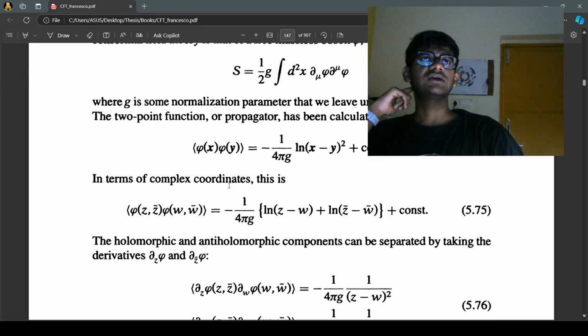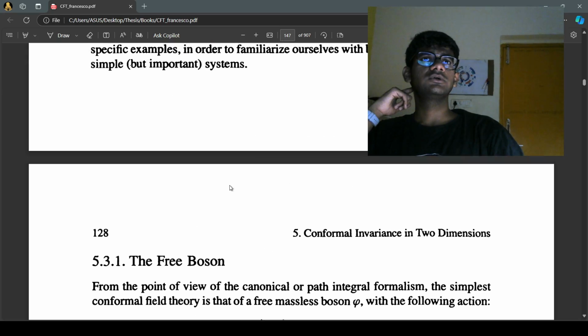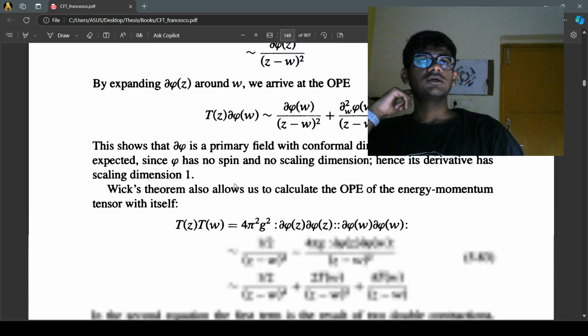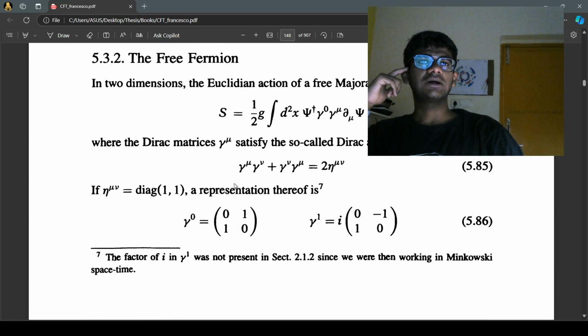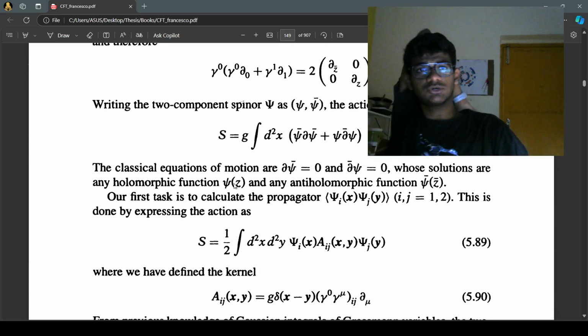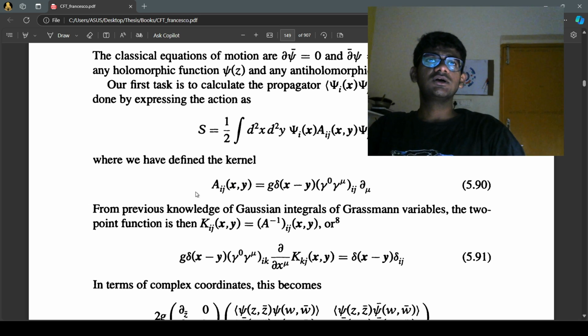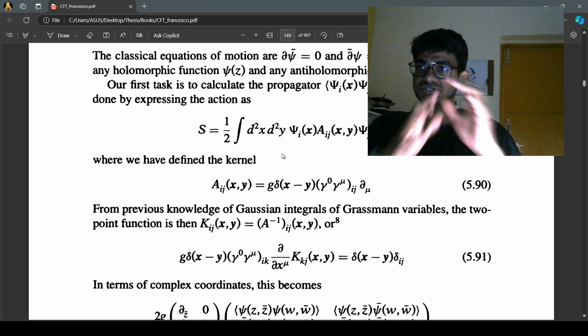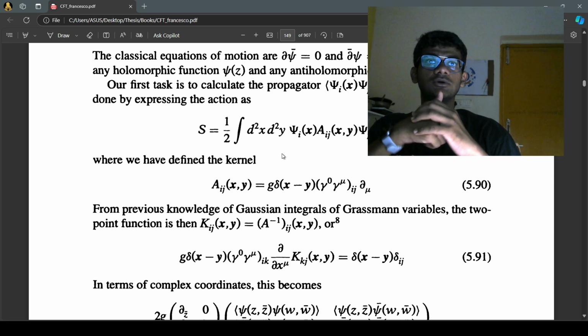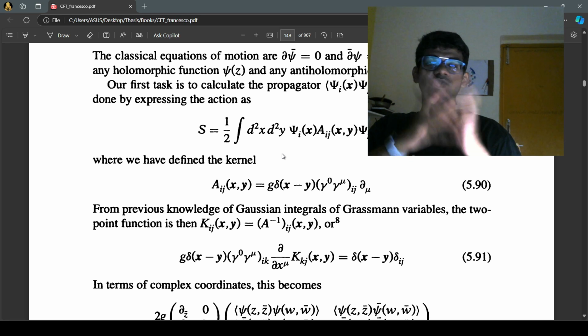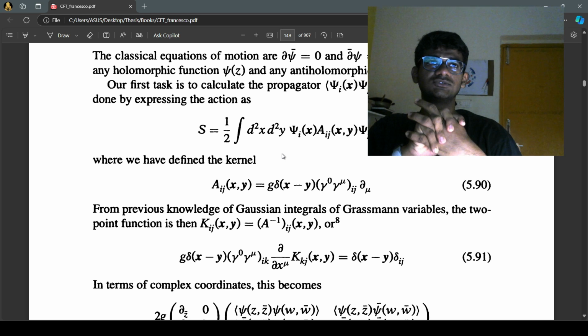There's a way to evaluate this path integral, I guess, which involves some Gaussian integrals in fermionic systems, even Grassmann variables. There's a specific form which you want to bring the action into, and then you can write your correlation function in terms of this form, and you can solve this.